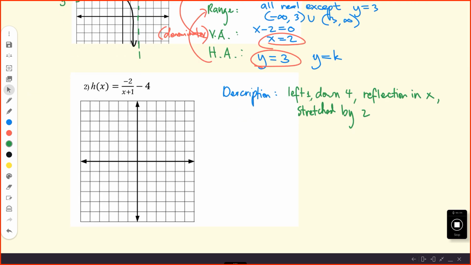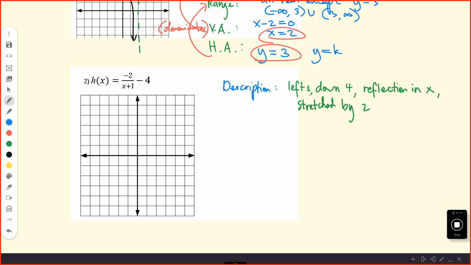Now, who can give me the vertical asymptote and then the domain? I'm just going to write this, VA, and then HA. So what is your vertical asymptote? -1.